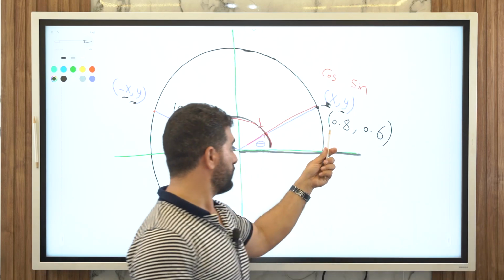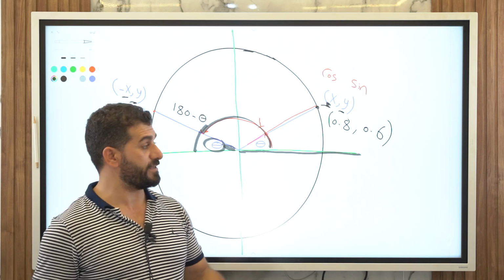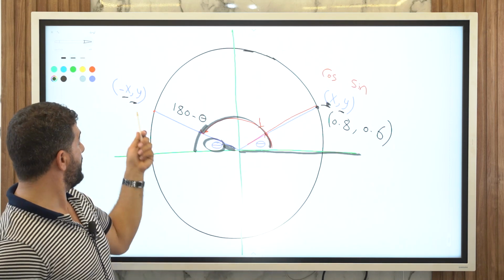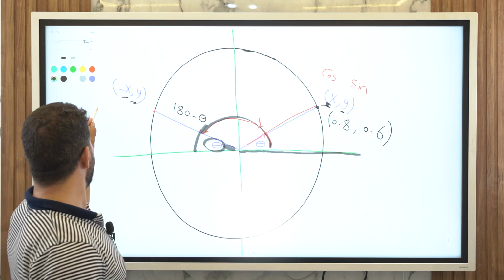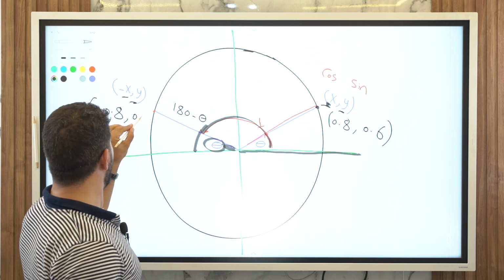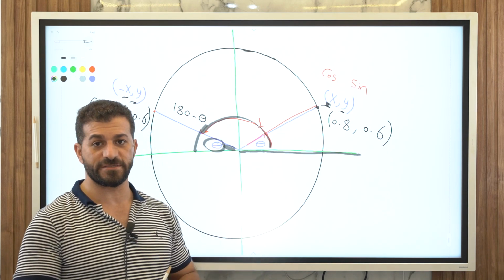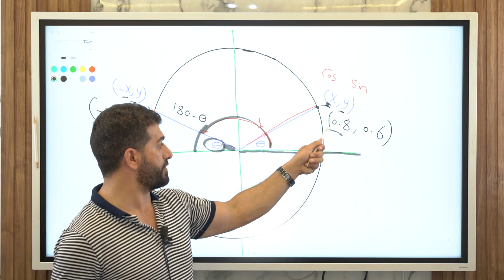You know, 0.8 to the power of 2 plus 0.6 to the power of 2 is equal to 1. Here, this point will be negative 0.8 and 0.6.